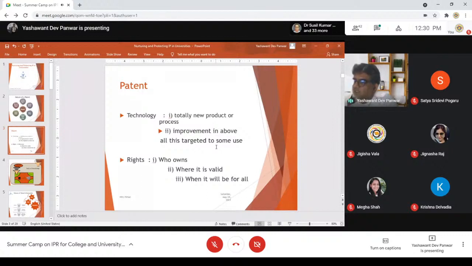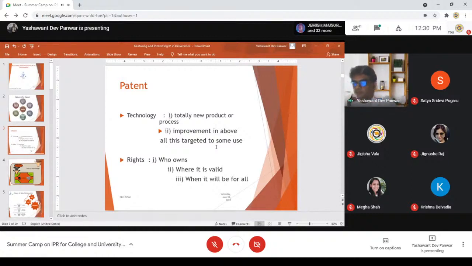So I think the previous speaker made a very important point that while commercializing and putting your technology into the market, what are the other blocking patents which can stop developing the product based on your technology. It was a very important insight, and I just wanted to reiterate that.